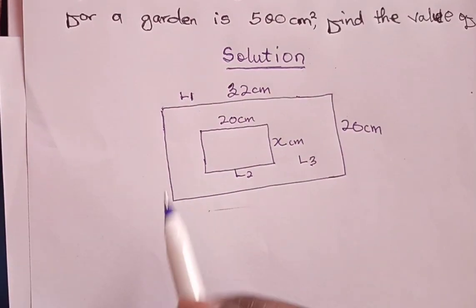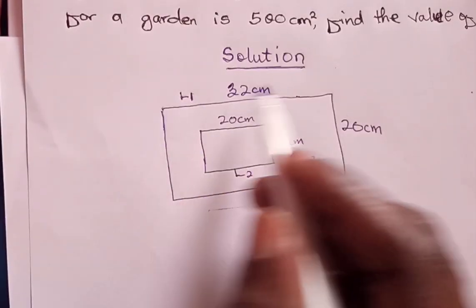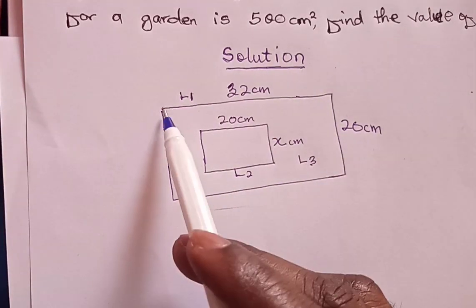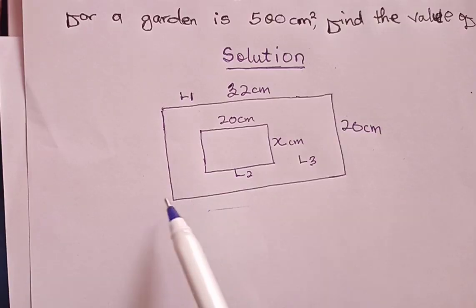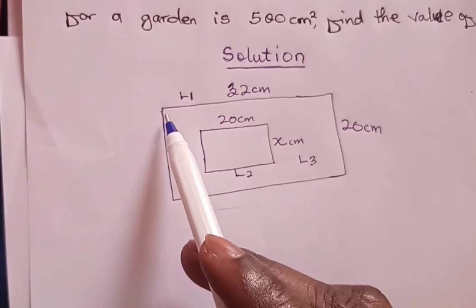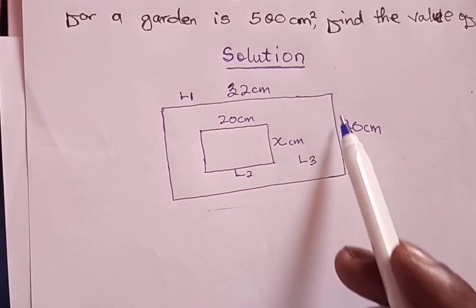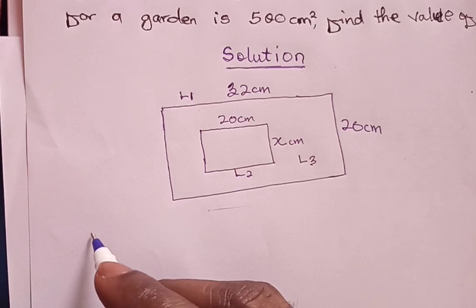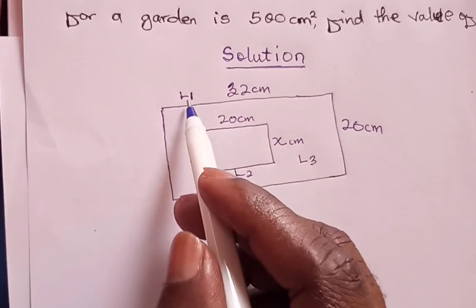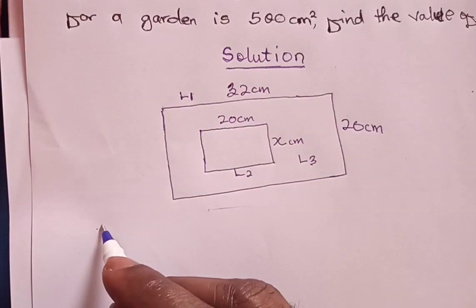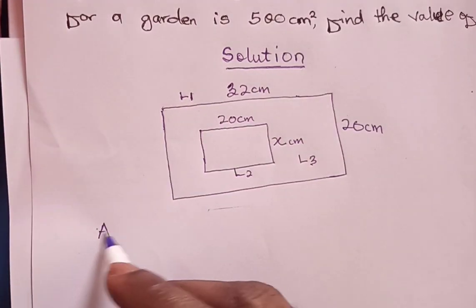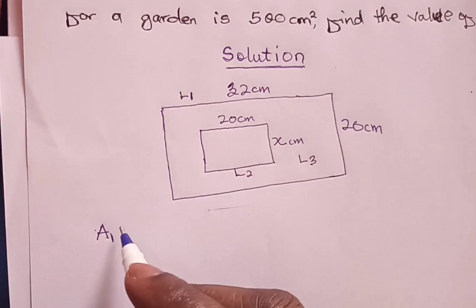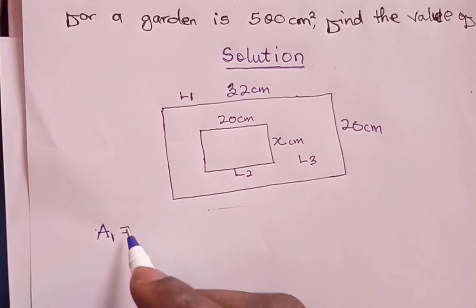We are looking at the areas for all of these. So let's first find the area of the whole plot of land. This is a rectangular shape. To find the area of a rectangle, we only have to multiply the length by the width. We are finding the area of plot 1, so we'll call it A1.